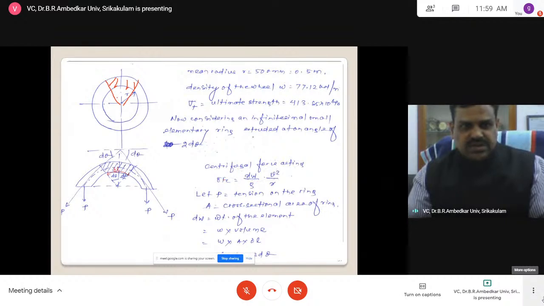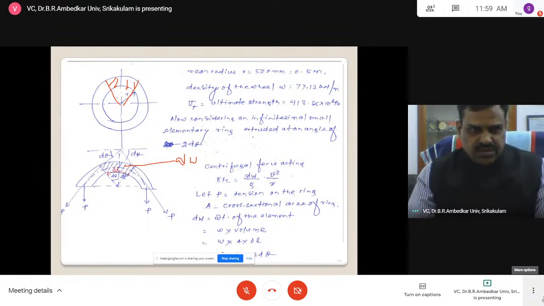Mass is, this is the dW. Weight acting down, mass mv square, m by g, where A is the cross sectional area, P the tension in the ring. This is the P, equal and opposite. P is the tension, that way if you consider tangentially.